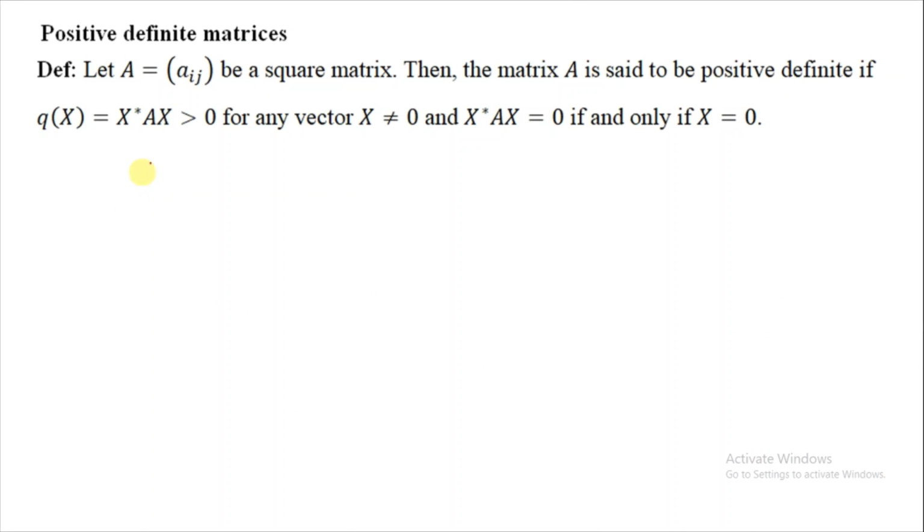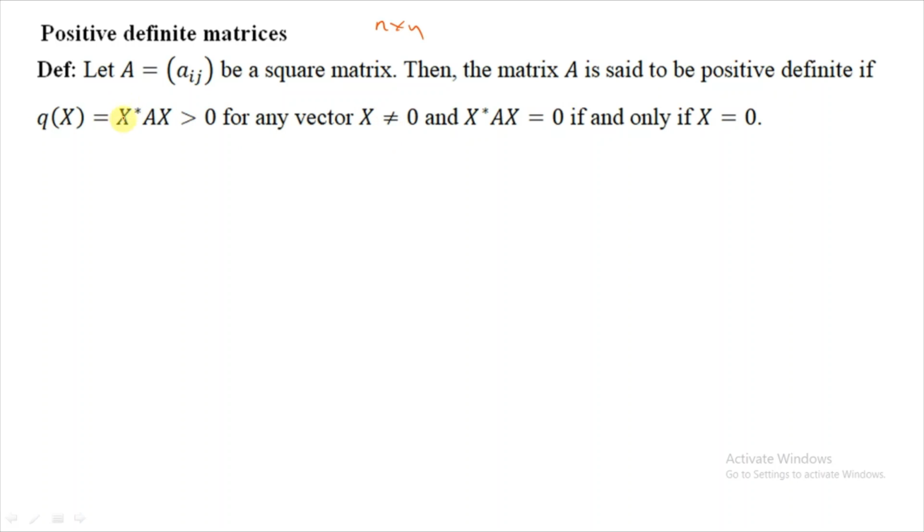Next, positive definite matrices. Now, what is the definition of positive definite matrices? Let A be any n by n matrix, a square matrix. Then the matrix A is said to be positive definite if the quadratic form x star A x is always positive for any non-zero vector.